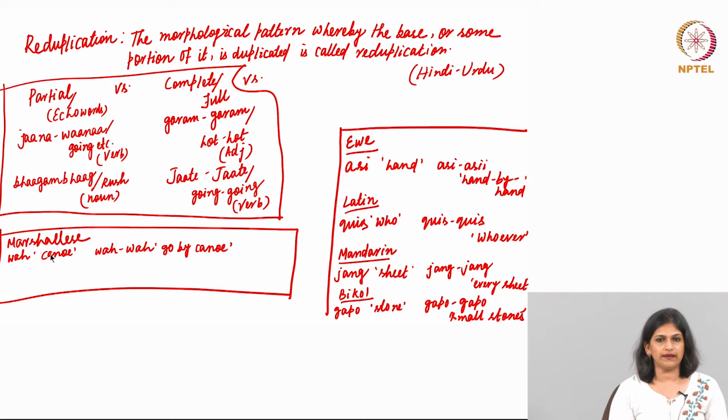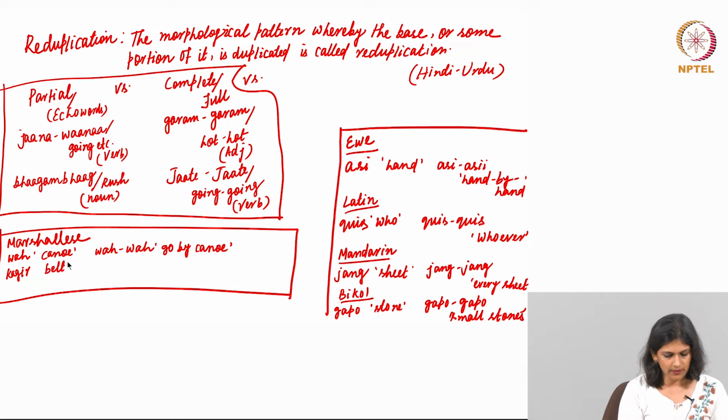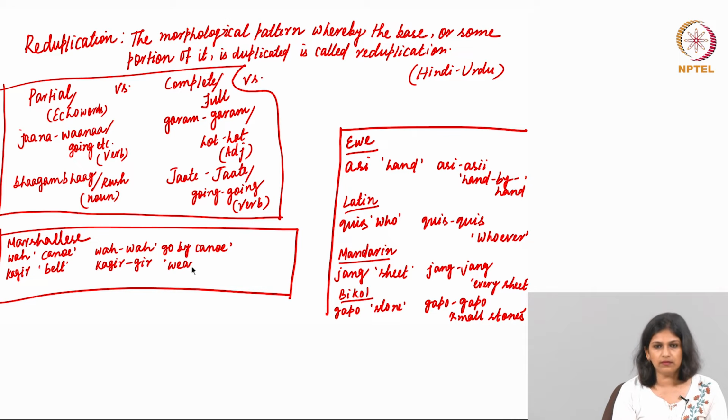However, in the other example, let us say this is the data, kagir, which would be belt. And this particular language has a word like kagirgir, that means wearing, let us say, a belt.